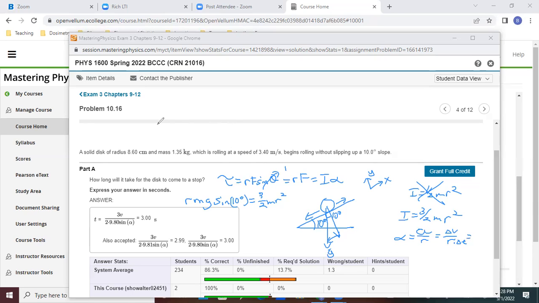Now, in this particular case, the time here is going to be going from basically from here up to this particular point. So that change in time, I'm just going to write as t. And the change in velocity is going to be from 3.4 down to 0 because it goes to a stop.